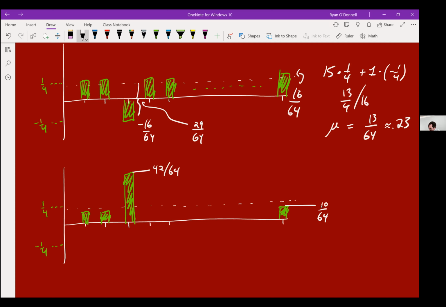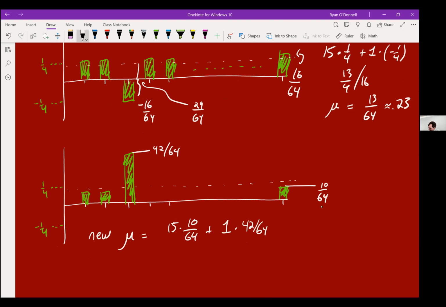So shall we calculate the new average? Yes, let's do that. The new mu: we have 15 copies of 10/64 and 1 copy of 42/64. If we add these up, we get 192/64. Then we divide by 16. Does this factorize at all?